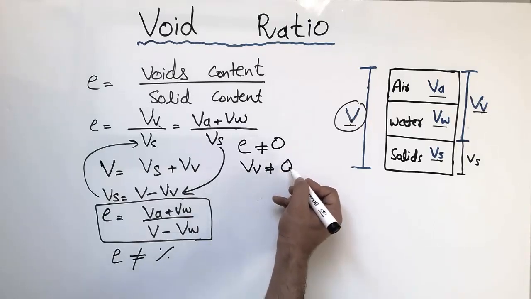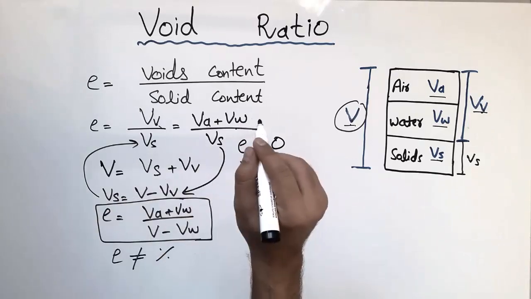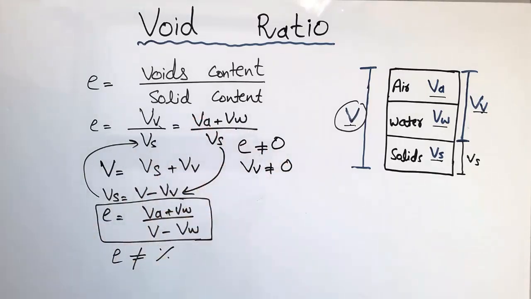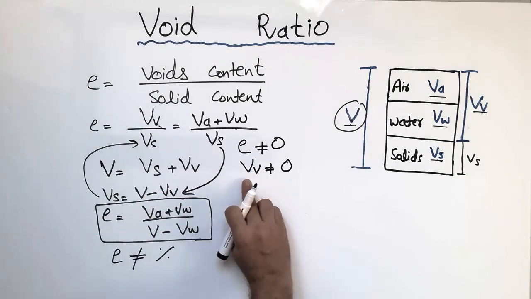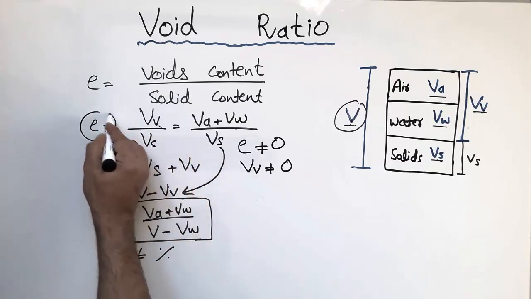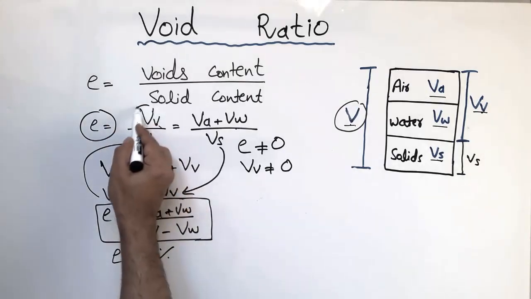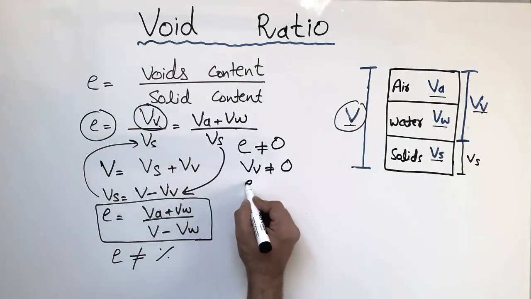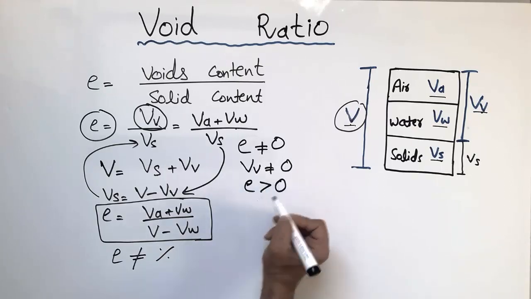It's not possible for the soil to have no voids. It is practically not possible. Every soil has voids. Either it is more dense or highly dense, but it contains a very small amount of voids. So the volume of the voids can never be equal to 0. That's why your porosity can never be equal to 0 either, because it depends on the volume of voids. And so it means that the void ratio should always be greater than 0.